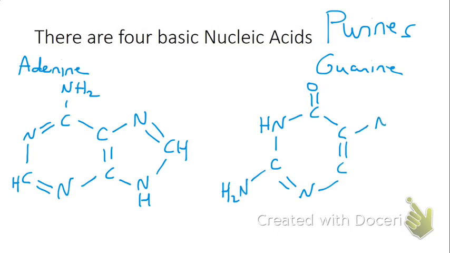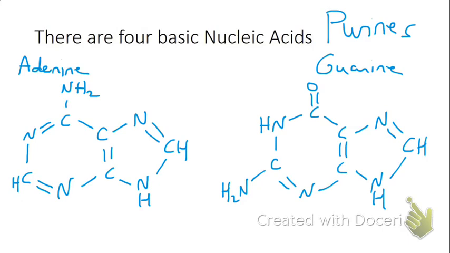What you can also start seeing is these are called purines because of their ring structure, and you should also start to see how they would maybe start to hydrogen bond with their pyrimidine copartner.